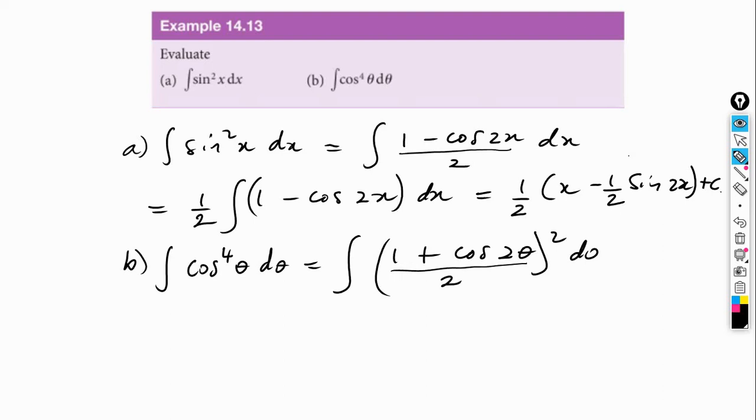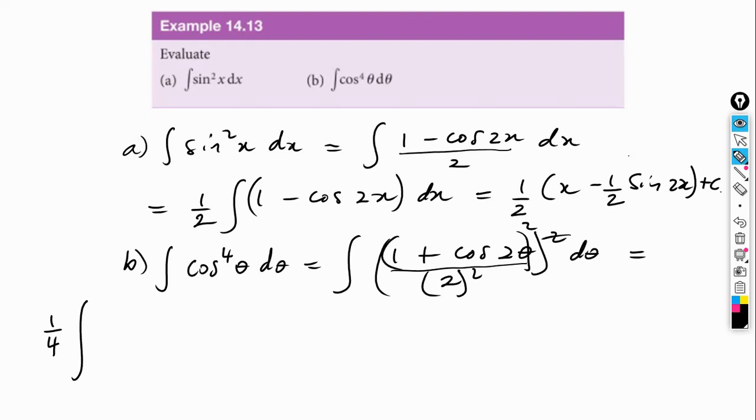Okay, and let's not forget this. Then we can expand this, and this is going to give us 1/4 integral. Now remember that this is the same as squaring the top and squaring the bottom, right? It would be the same thing. So that's what we're doing here.